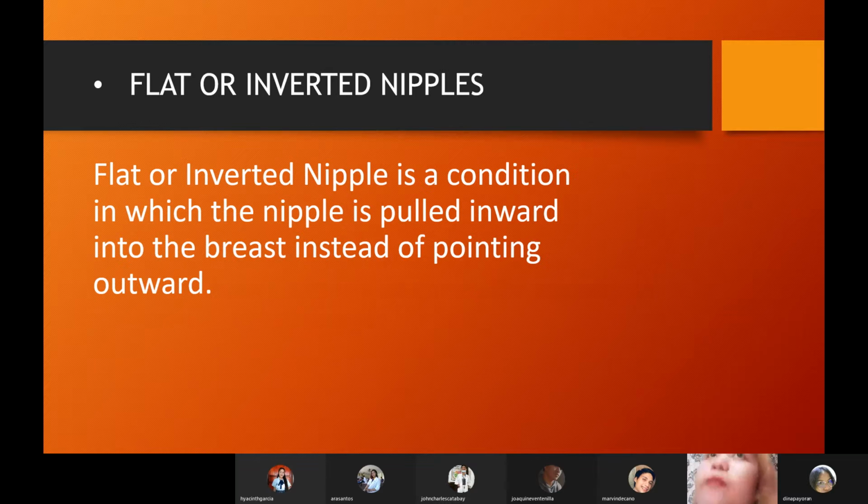Next, can you please read the second problem? You can raise your hand if you want to recite. Yes, Mr. John Charles, can you please read it for the class, and its definition also?